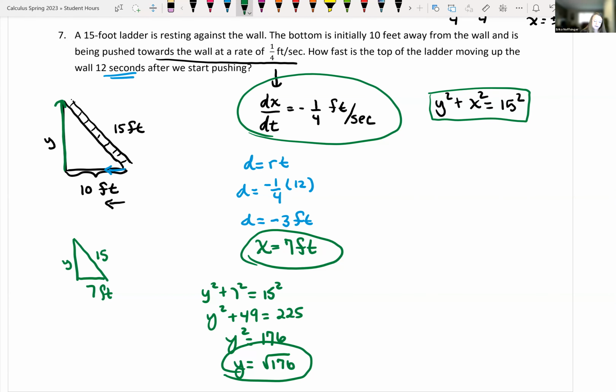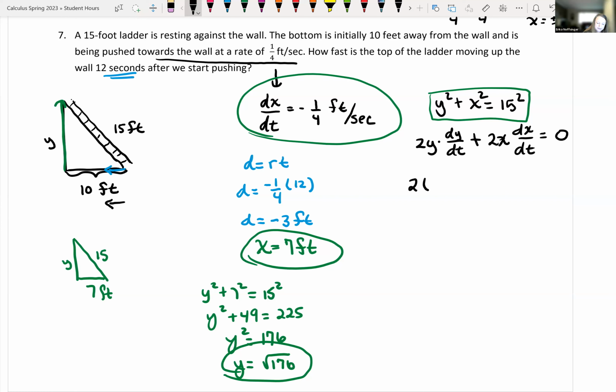Taking the derivative of y squared, we get 2y times dy/dt, plus the derivative of x squared is 2x dx/dt. And the derivative of 15 squared, the derivative of a constant, is 0.